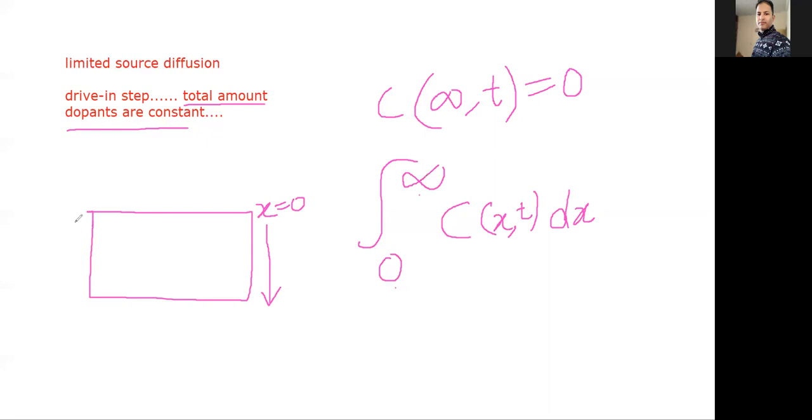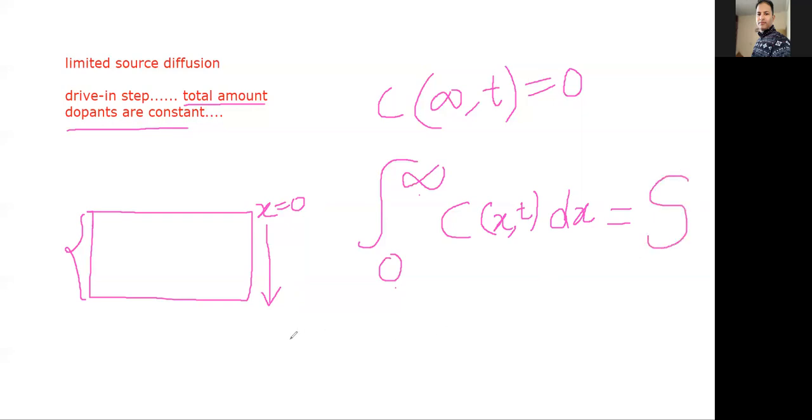In reality you integrate from the top of the surface to the bottom of the substrate, so x ranging from, say, 0 to a few hundred microns. This quantity, the total number of dopants, is constant, and we call it S.